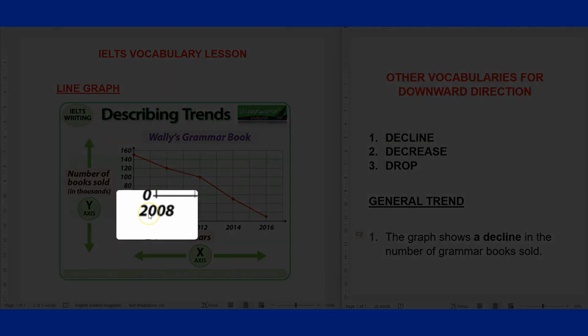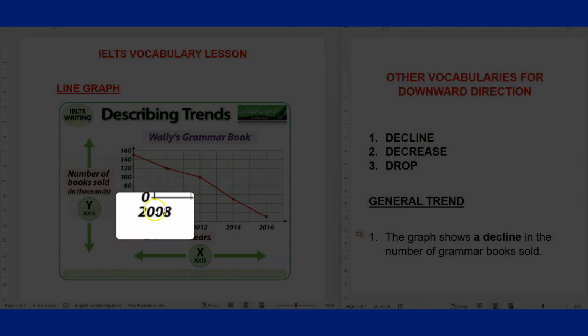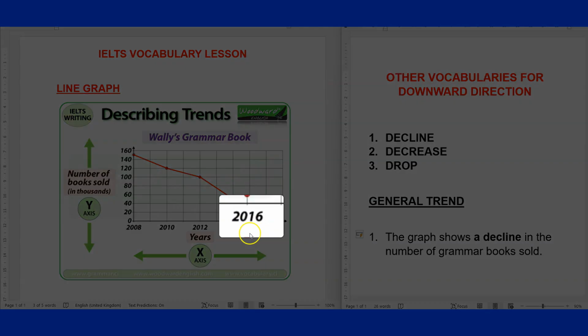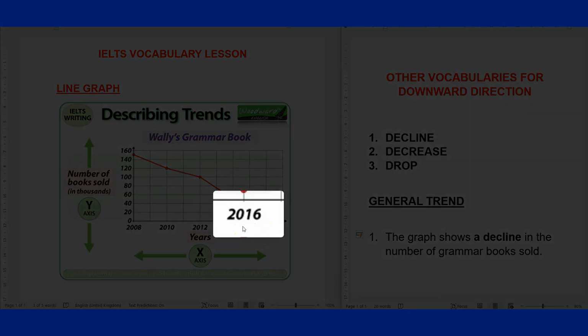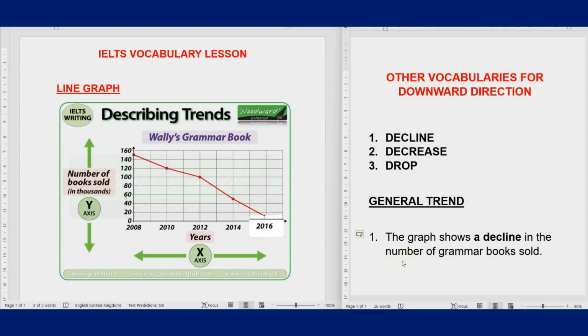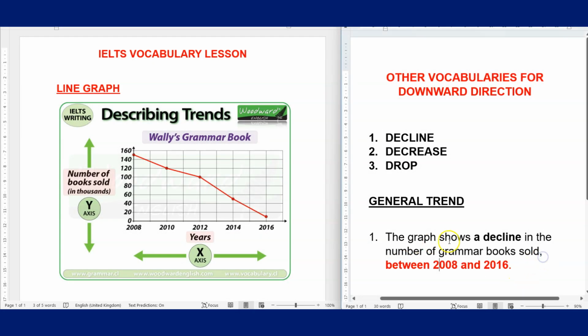We can see the starting point is in 2008 and the ending point is in 2016. So let's add the timeline to it. The graph shows a decline in the number of grammar books sold between 2008 and 2016.